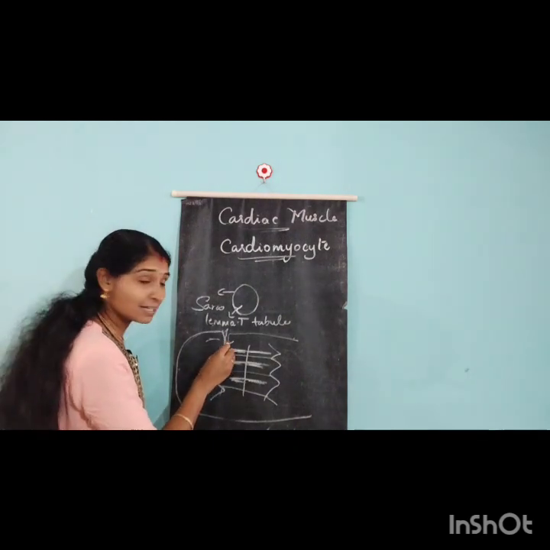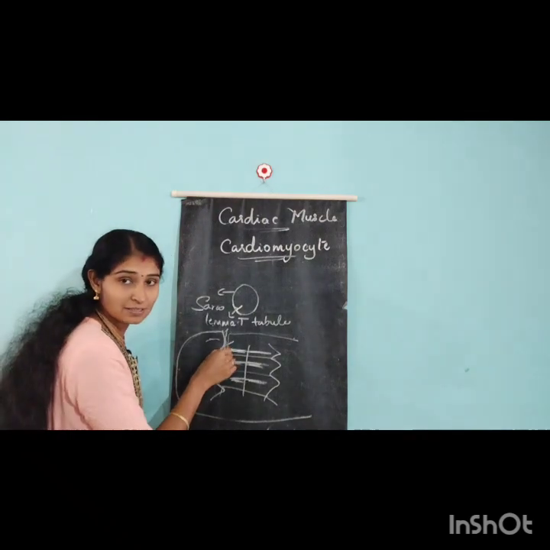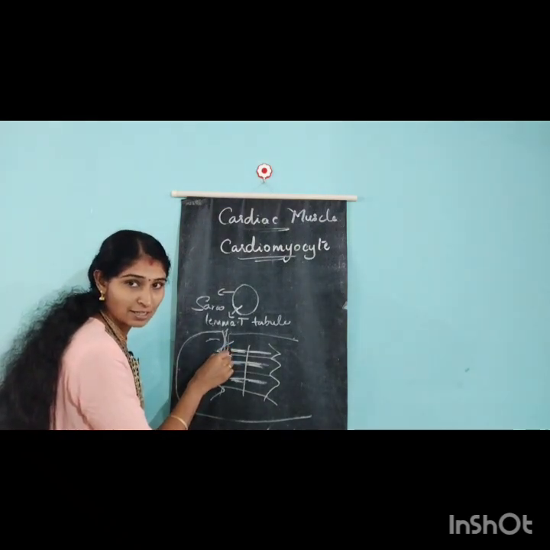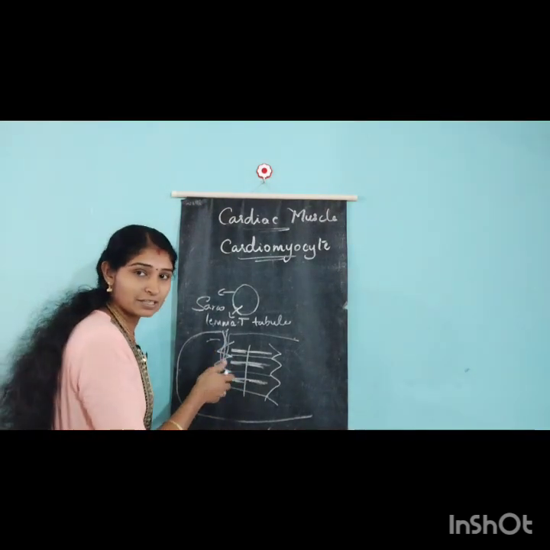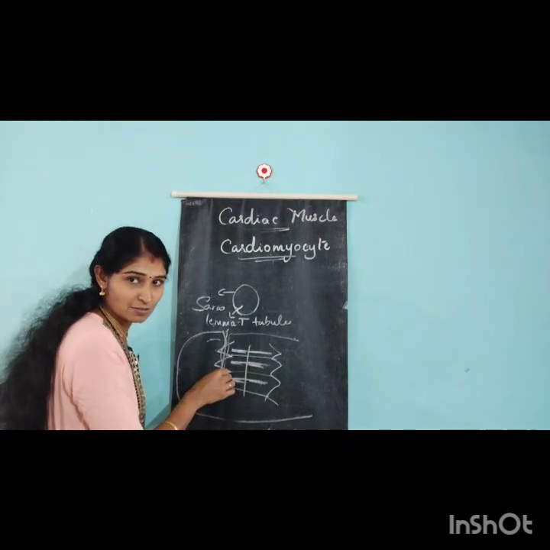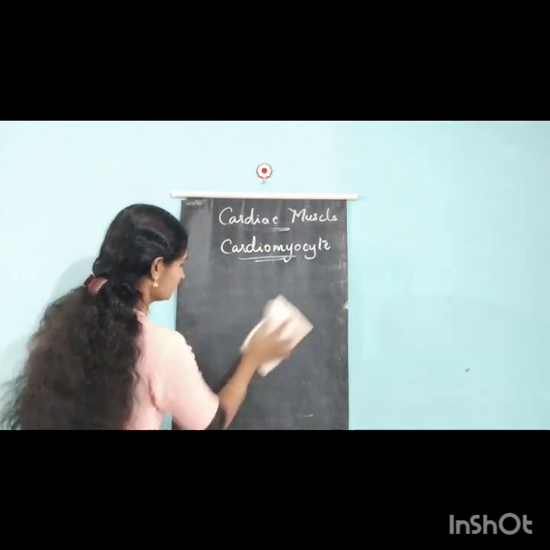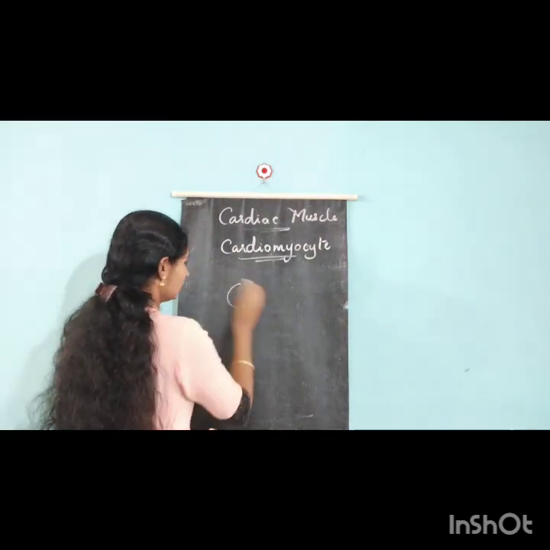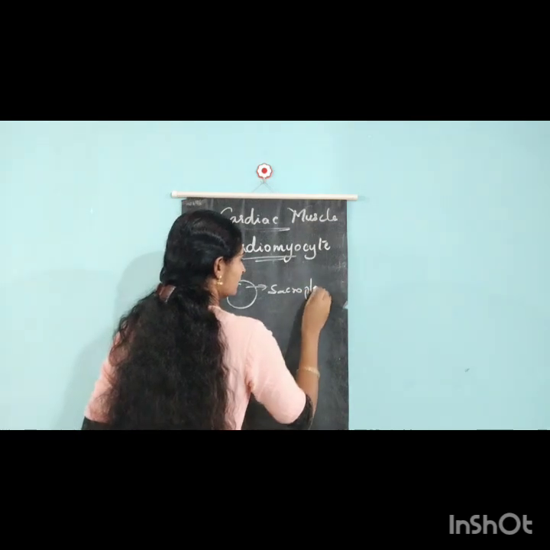What does it contain? It contains the ion channels. For what is it responsible? It is responsible for the conduction and excitability. For excitability and conduction, these T-tubules are responsible because they contain ion channels. Then the inner plasma we called as sarcoplasm.